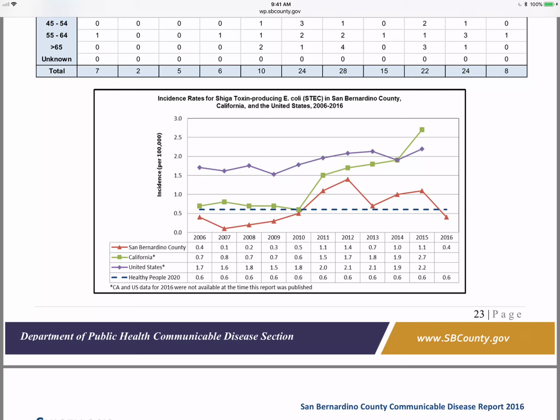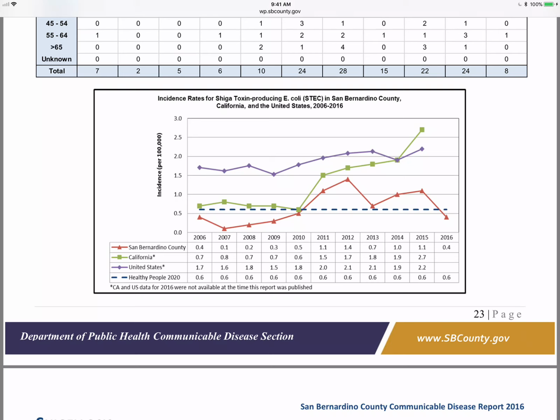Because if you looked at the United States overall, the absolute count would be much higher than California by itself. And even California by itself would be much larger than just the sub-county of San Bernardino County.